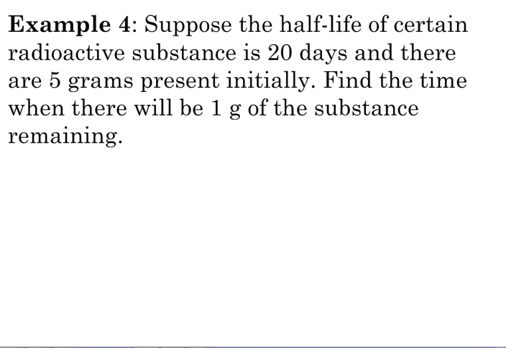We still have our initial amount. Our base is going to be 1/2. That makes sense, right? Half-life, base should be 1/2. Our exponent is T over N. T is still your time. N is not the number of times that it's compounded, because we're not talking about compounding.